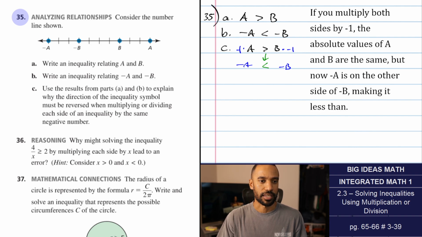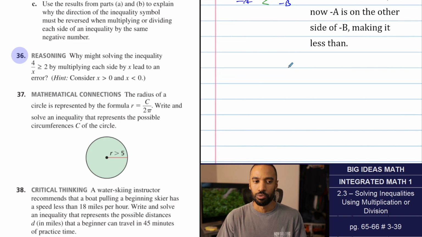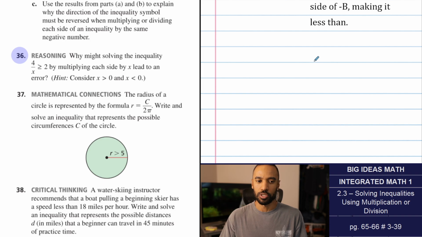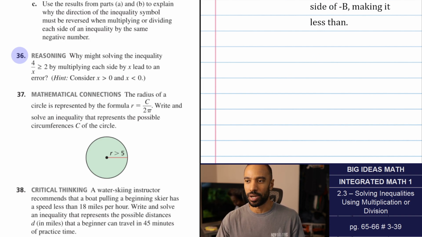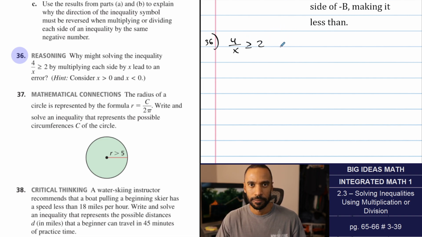All right, number 36. Reasoning. Why might solving the inequality 4 over x is greater than or equal to 2 by multiplying each side by x lead to an error? Okay, hold on. 4 over x is greater than or equal to 2. Why might it lead to an error? Because we don't know whether x is positive or negative. Let me think about that. The 2 is there.